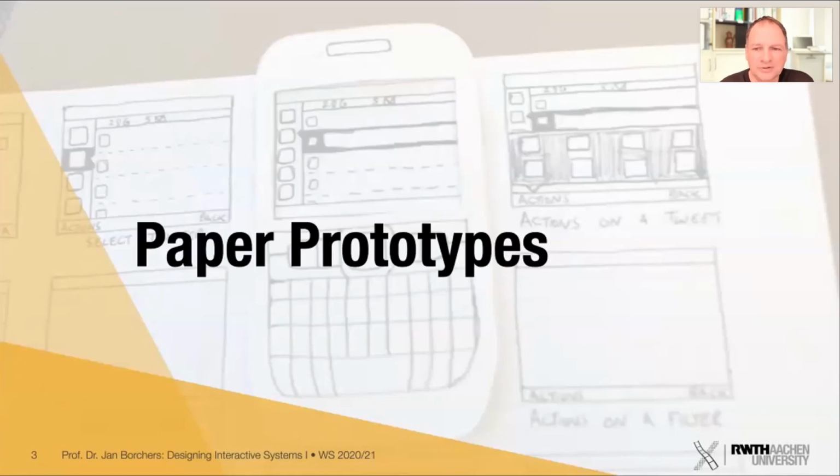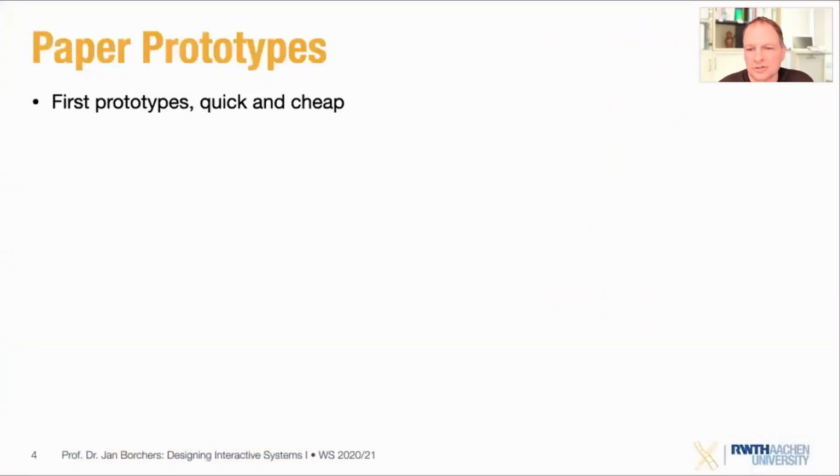So paper prototypes are usually your very first prototypes. Why do you do them with paper? First of all, it's actually quite quick when you just sketch out something with pencil and a couple Sharpies. If you train that just a little bit, you'll be amazed how quick you can put ideas down.